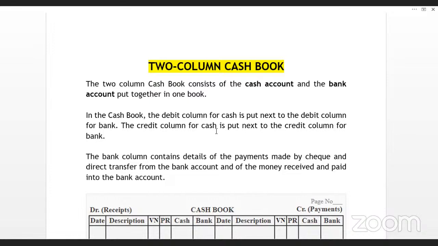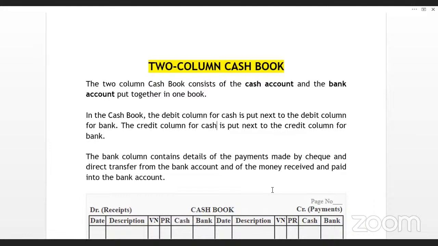The bank column contains details of the payments made by check and direct transfers from the bank account, and it also records the money that has been paid into the bank account.